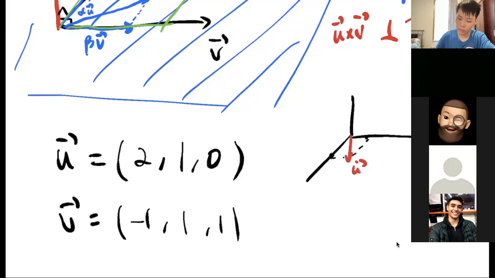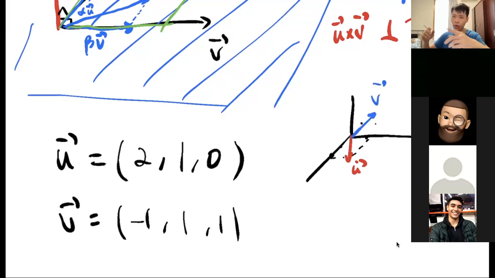Okay, so this is u. v looks something like 1, -1. This one is somewhere here. 1 here, 1 here. So v is something here.